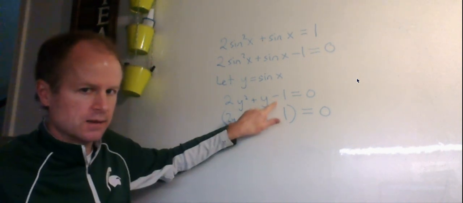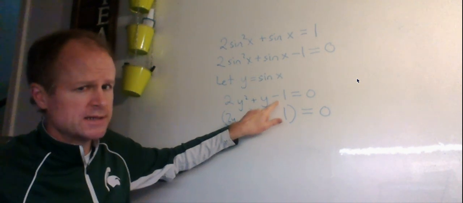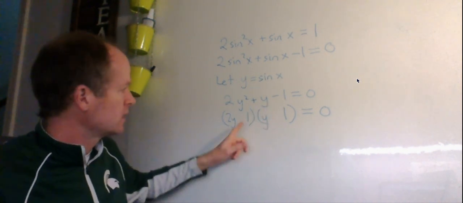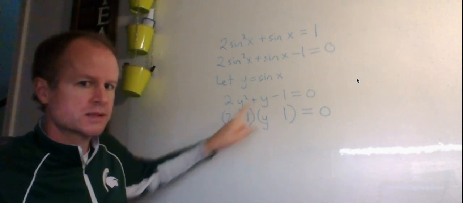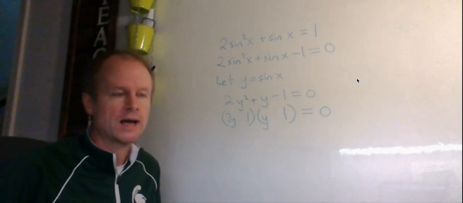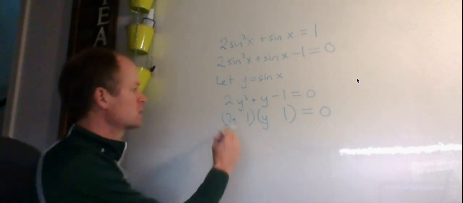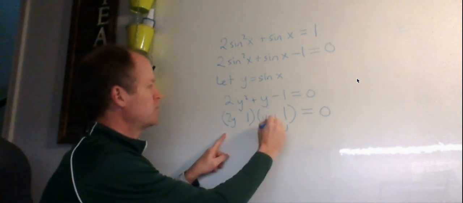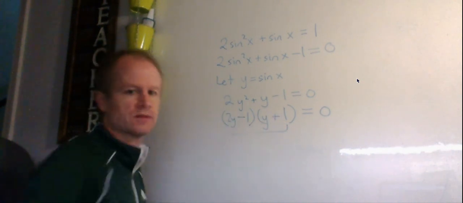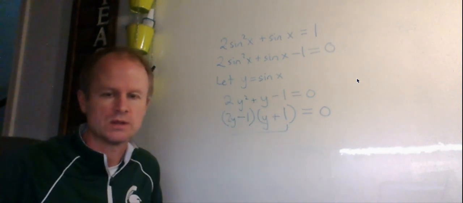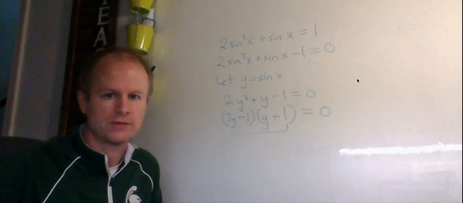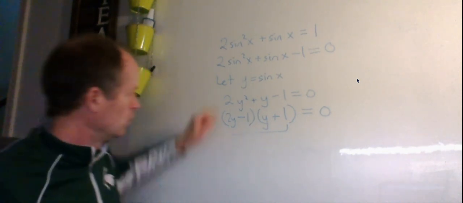Since that is negative, I know I need a negative and I need a positive. And so I just have to think, since this is plus, I want more positive than negative. So that means when I multiply the 2y by the 1, I want that to be positive, and I want this one to be negative. So if I were to distribute this out and figure out what I have, I should have exactly what I had up here.